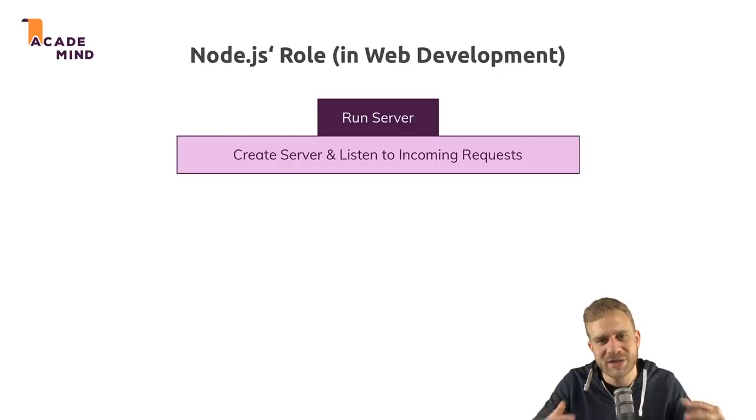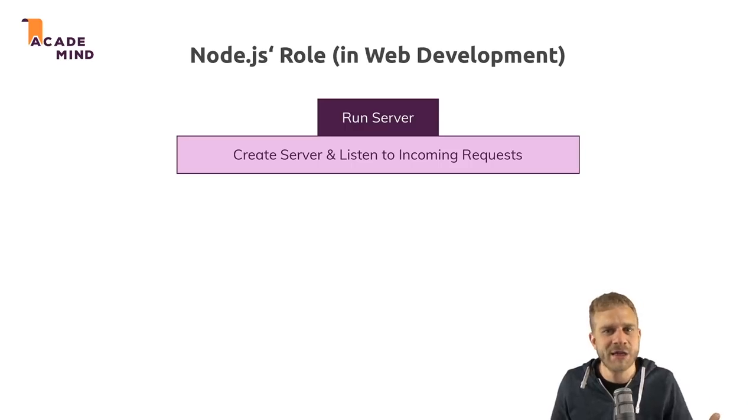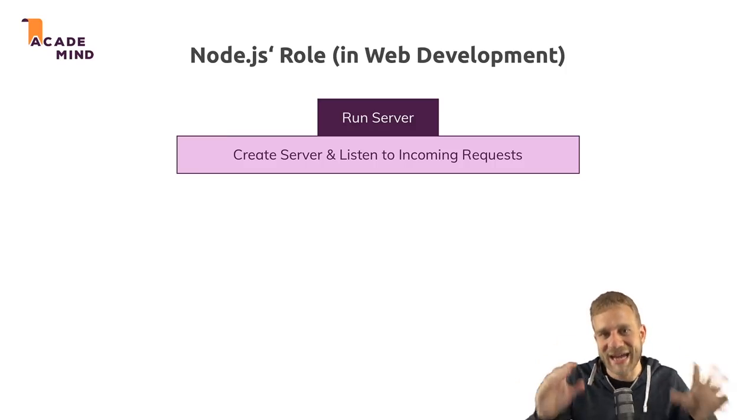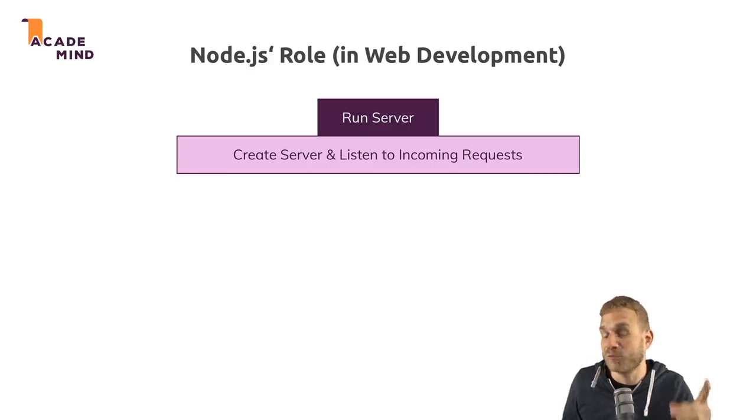So the code that takes the incoming requests and routes them to your other code. In PHP, you have extra tools like Apache or Nginx, which run the servers, which listen to incoming requests and then execute your PHP code. Here, Node.js does both. It does that listening, and it then also does whatever you want to do in your code. So that's important, and that's something you'll see in action soon.